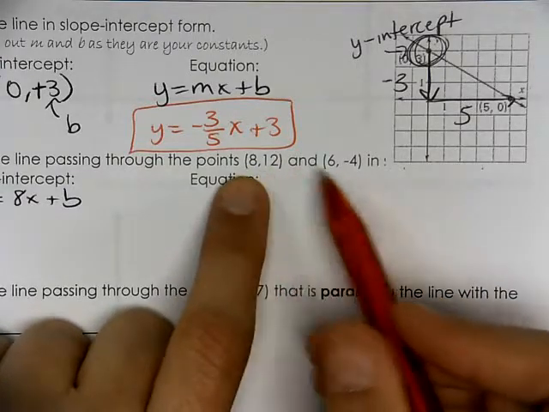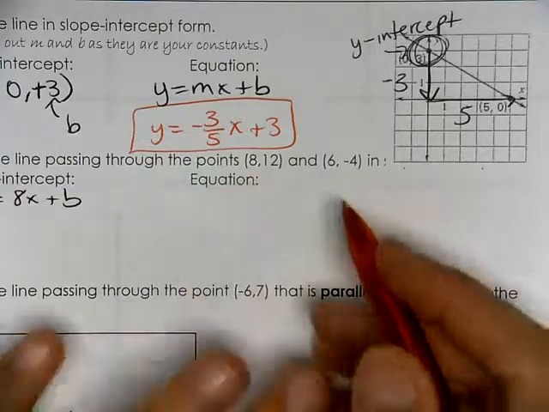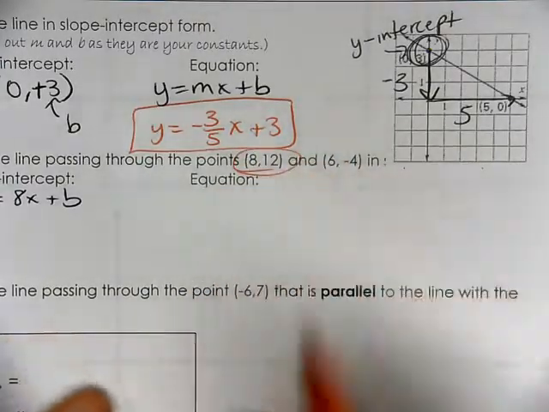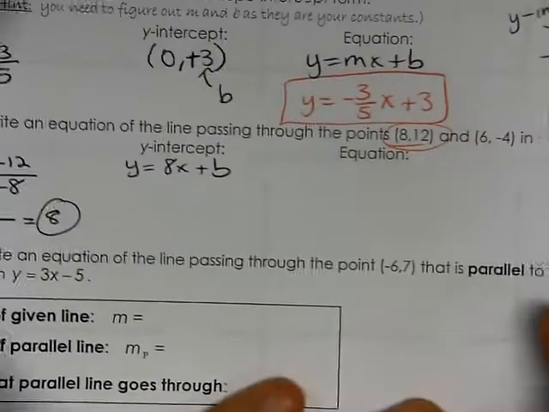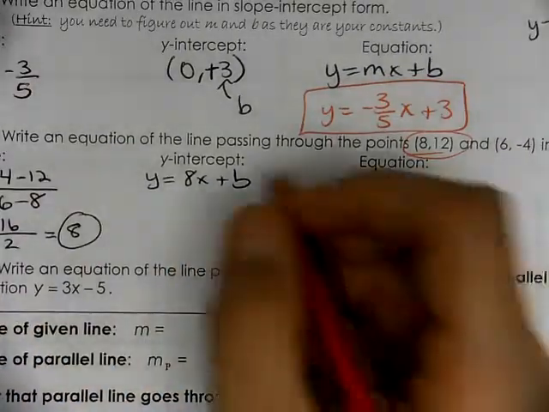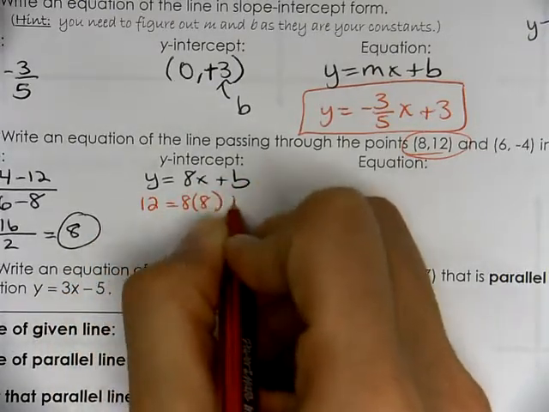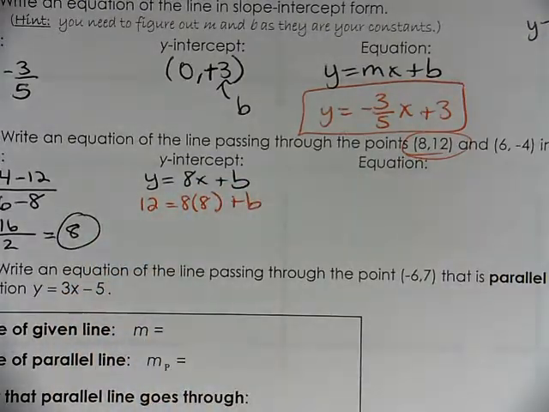Do you want to use 8, 12, or 6, negative 4? We're going to plug in 8 and 12 for x and y, because we're going to solve for b. So 12 equals 8 times 8 plus b.